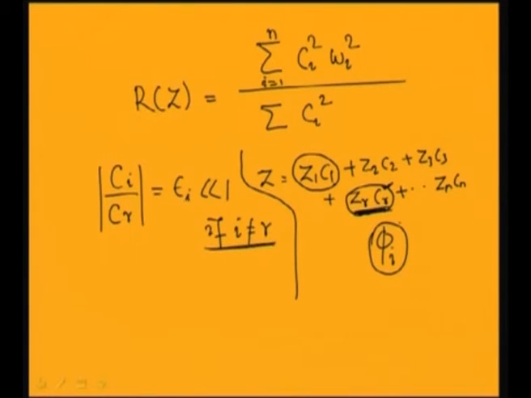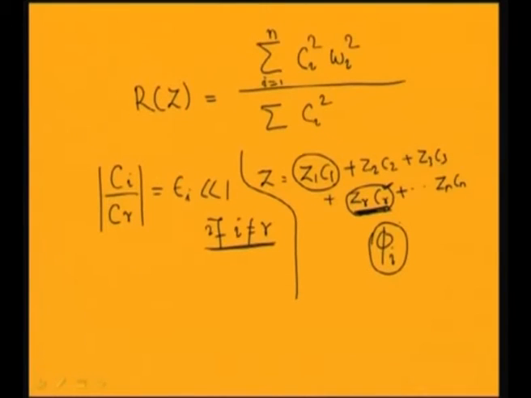So, from this Rz expression we can substitute. Let us substitute this expression here. If we expand this, Rz will be equal to C1 square omega 1 square, C2 square omega 2 square, C3 square omega 3 square, up to Cr square omega r square, divided by C1 square plus C2 square plus up to Cn square.